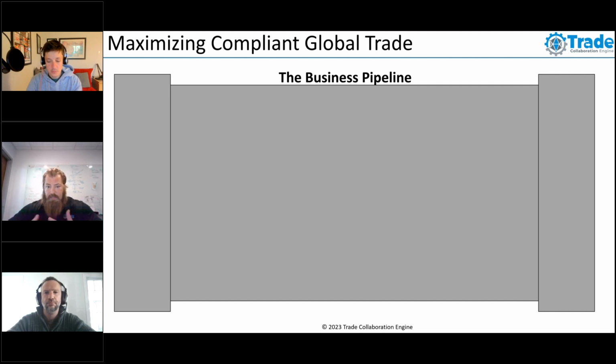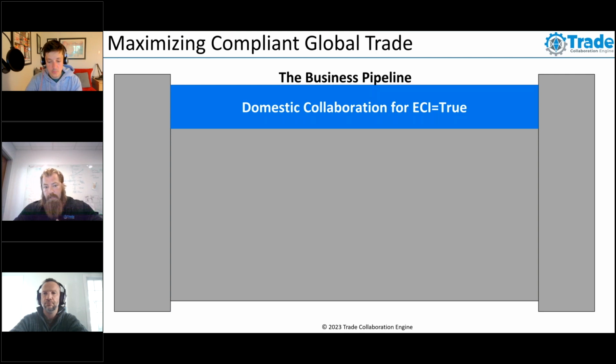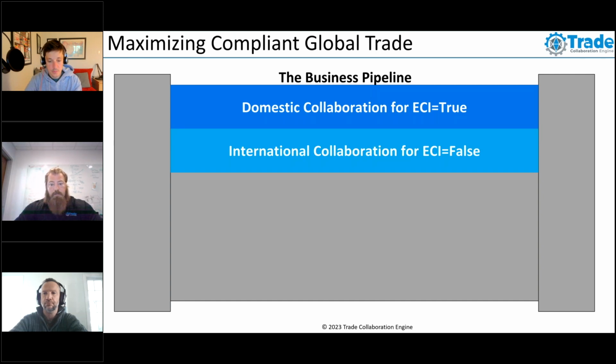If you think about the business as a big data pipeline, we have to enable these compliant data flows, instead of locking data down to US persons only. The Zero Trust mindset flips that model on its head. What we're doing is enabling domestic collaboration where ECI is true, because there's going to be an authorization for it. We're also enabling international collaboration where ECI is false.